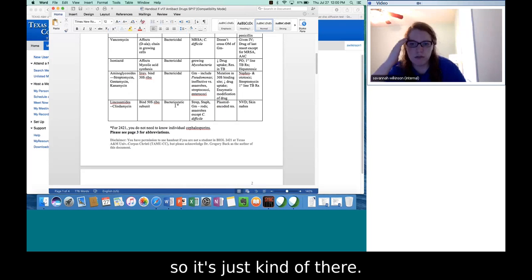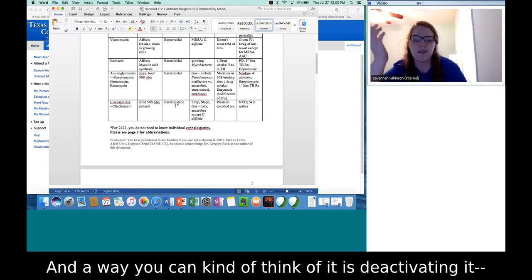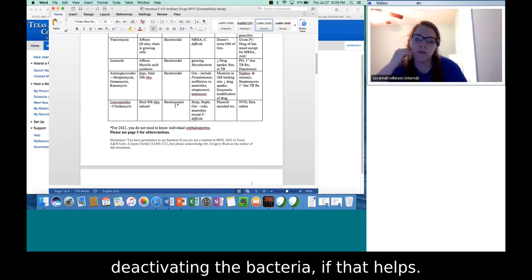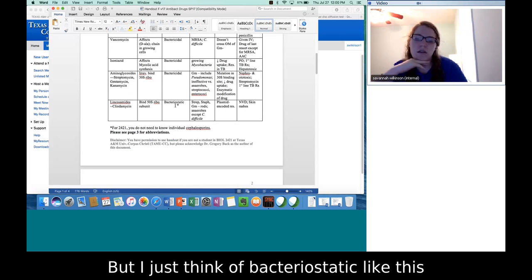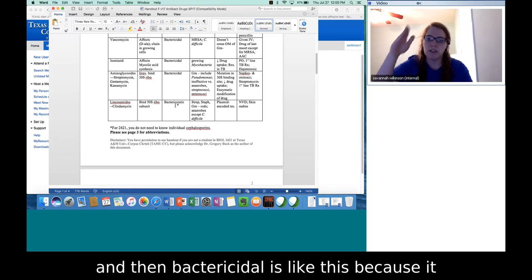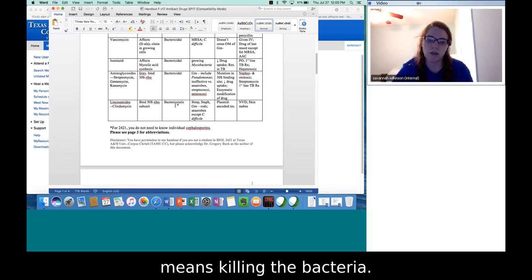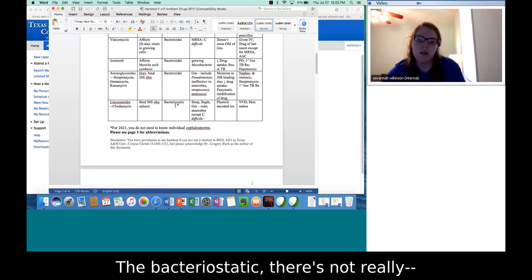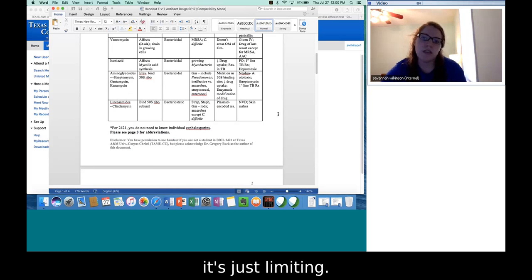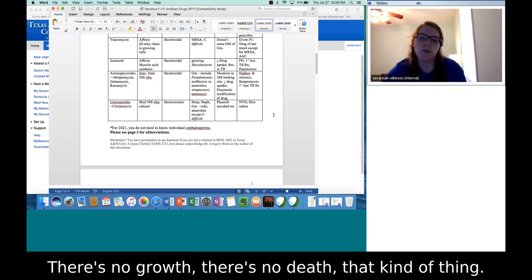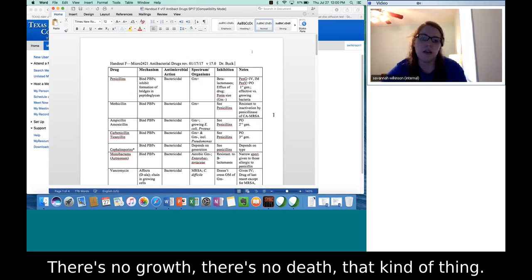So it's kind of there. You can think of it as deactivating the bacteria, if that helps. Bacteriostatic is just limiting: there's no growth, there's no death. Bactericidal is killing the bacteria.